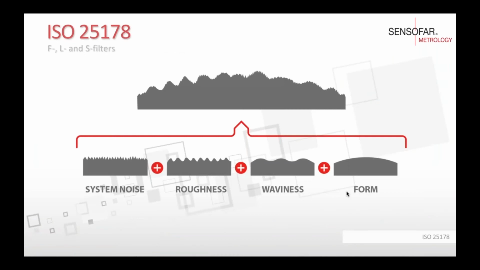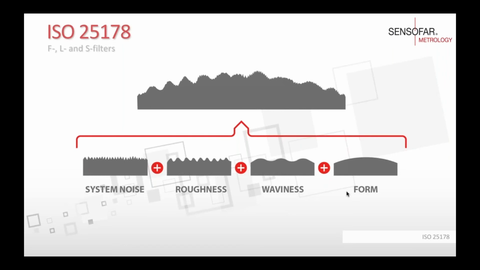Before we start with this slide, I want to mention that this ISO 25178 gives the possibility of using a wide range of different filters, but the ones that we are going to explain in this presentation are the F, L, and S filters, which are the ones that are most commonly used.